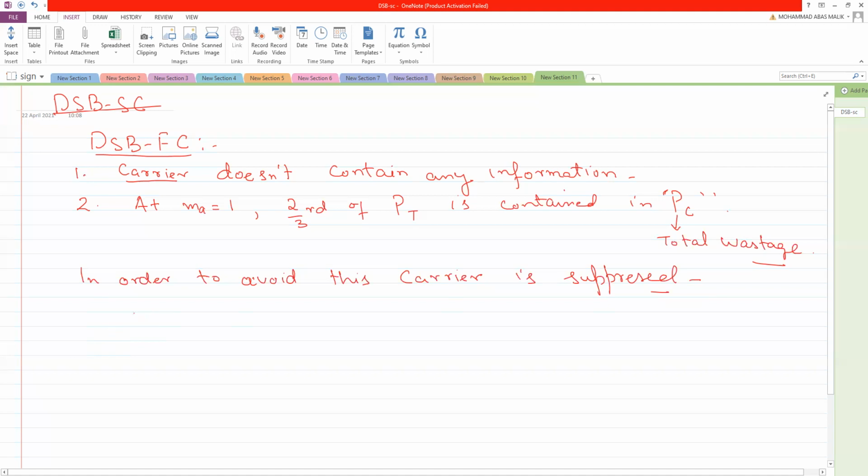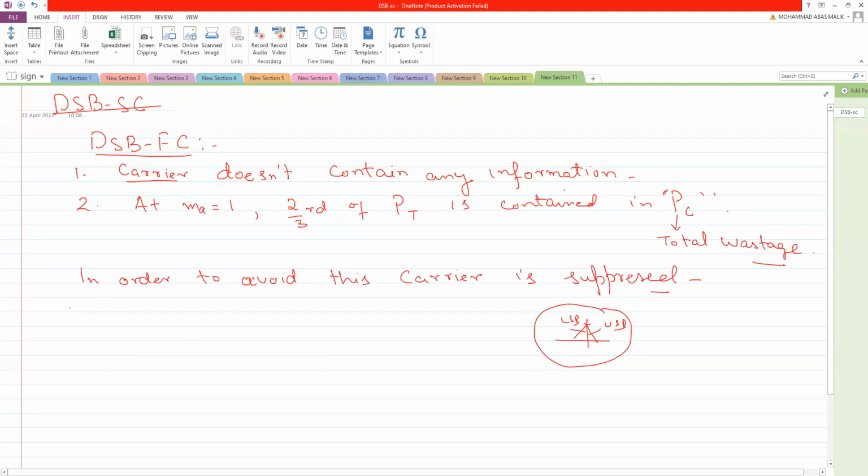Carrier is suppressed, but in the spectrum, you already know that you have one upper side band, this one, and this one is your lower side band, if I consider this as the spectrum of some information signal. So both the side bands are transmitted, but carrier is suppressed.